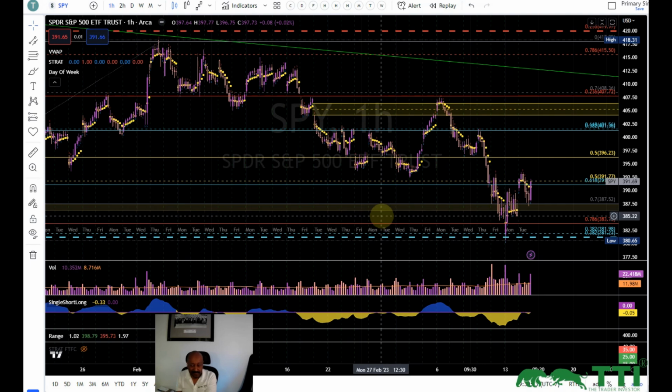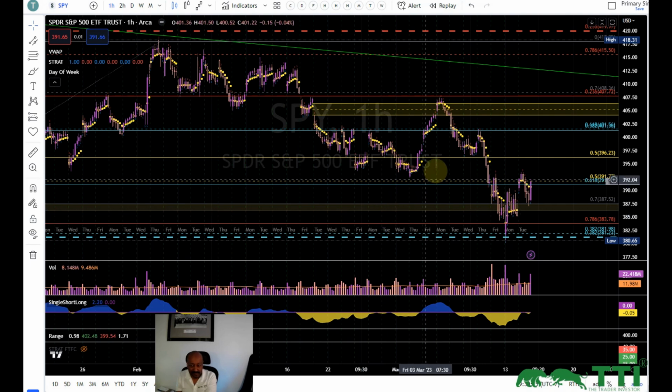Especially when it got to just below the 408 level on SPY, last week Monday. Yeah, right there, because I saw that gap. It was before it closed that gap.